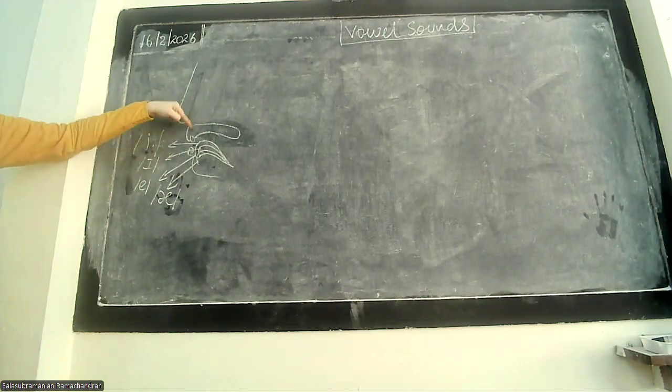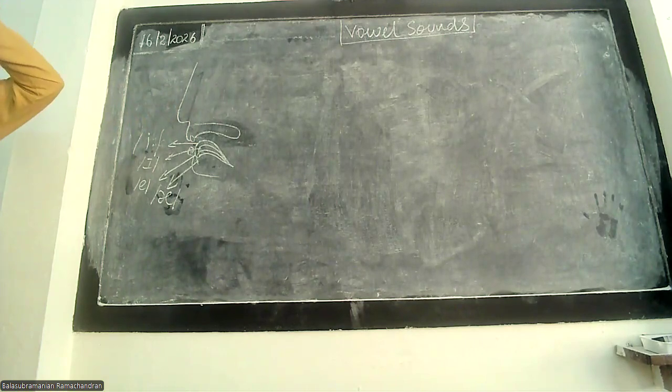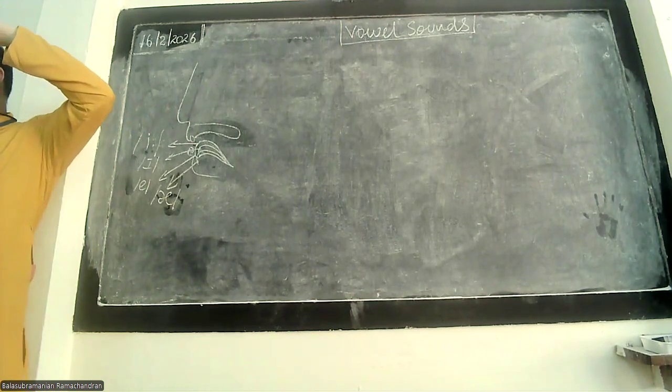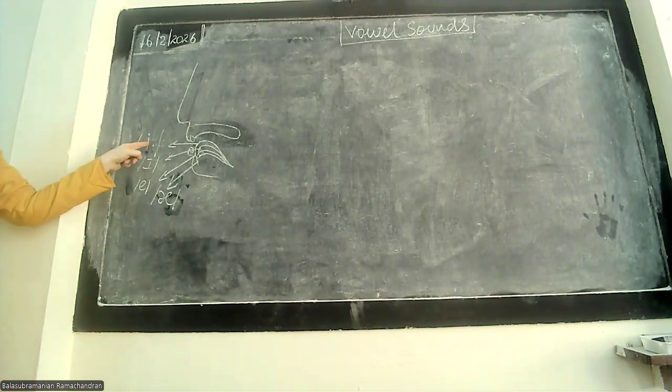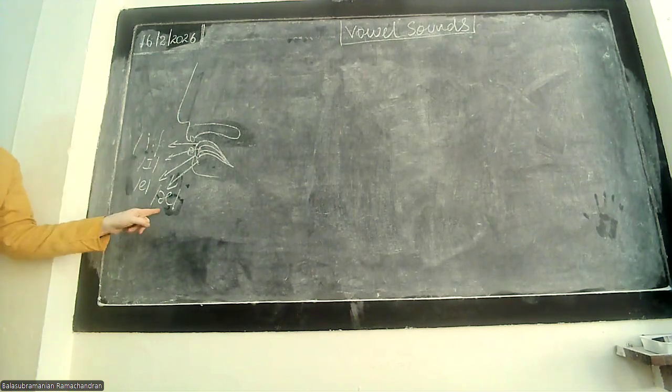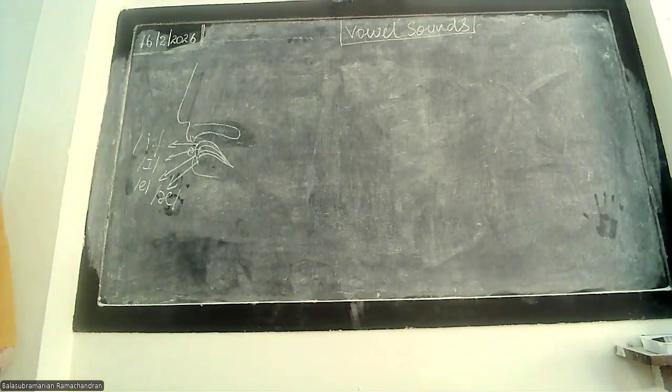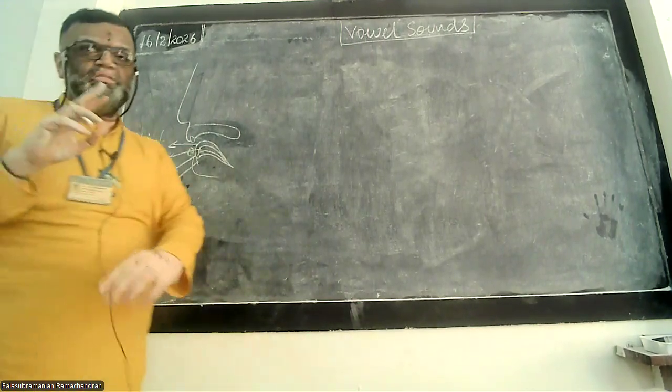That is, the height to which the front part of the tongue lifts itself, or we lift the tongue, keeps on reducing as we progress from E to A. From A, the tongue is almost flat. Okay, so this is one set.